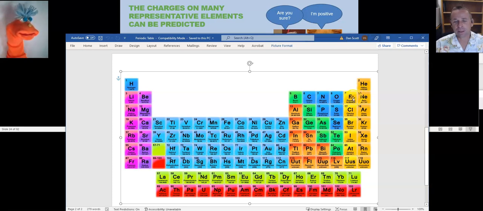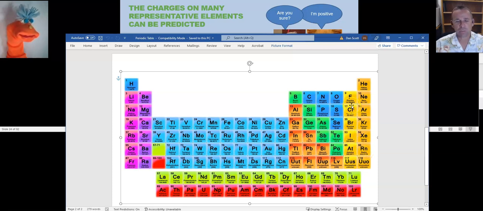Fluorine, chlorine, bromine, iodine, all of this family, do you remember what we call this group right here? The halogens? Very good. Those are the halogens. The halogens, if they gain one electron, they obtain a noble gas electron configuration.